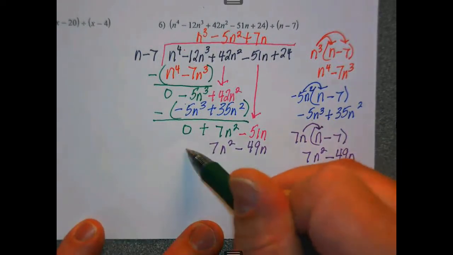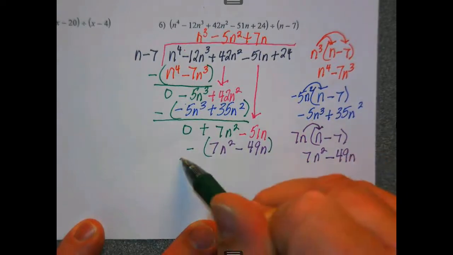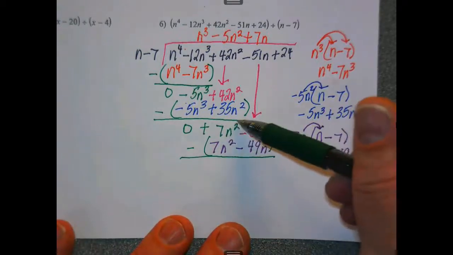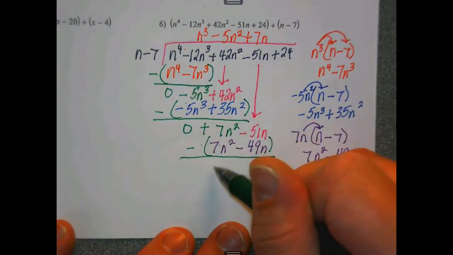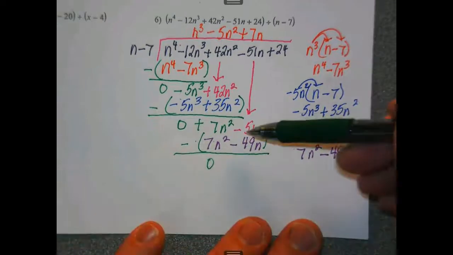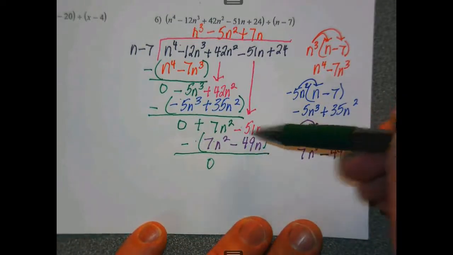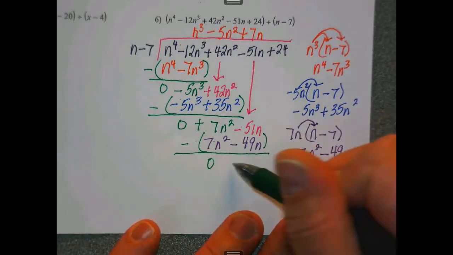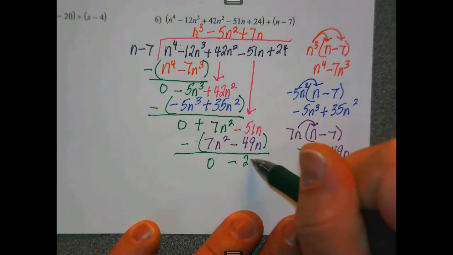Subtract the entire quantity. 7n squared minus 7n squared, there's my 0. Negative 51n minus a minus is a plus 49n. There's a minus 2n.